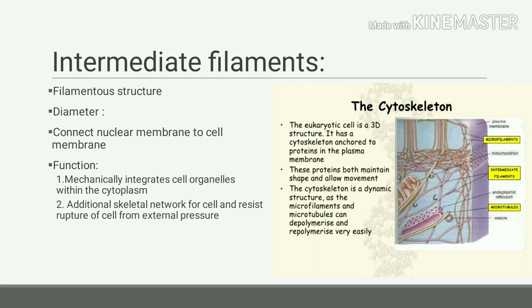Functions of intermediate filaments: as they connect the nuclear membrane to the cell membrane as well as the membrane of the cell organelles, they mechanically integrate cell organelles with the cytoplasm. Also, they are an additional skeletal network for the cell and they resist rupture of the cell when external pressure is applied.